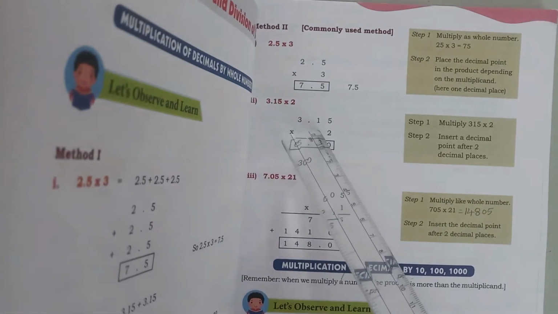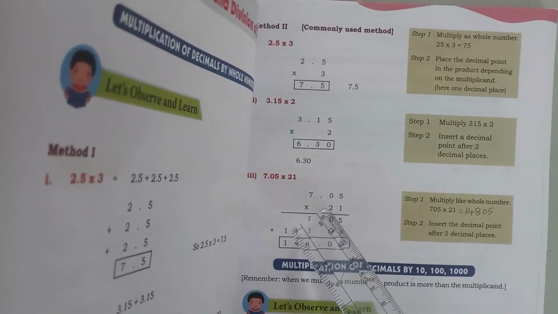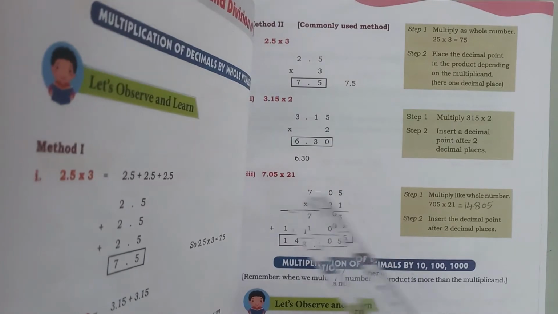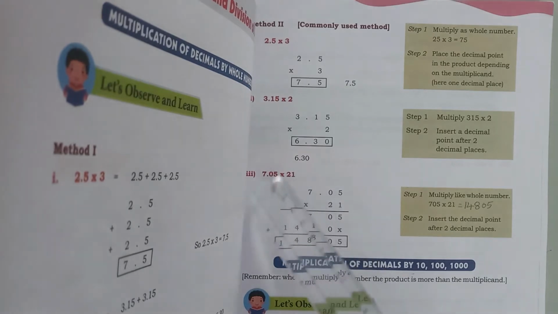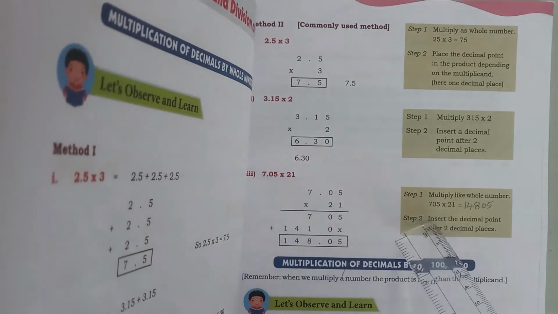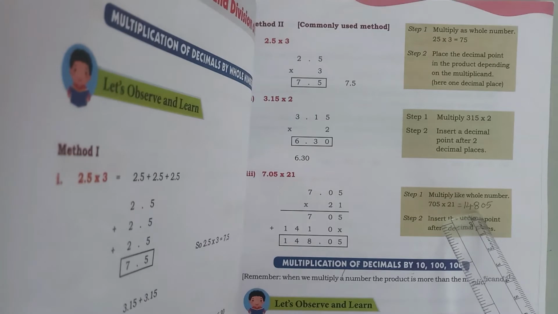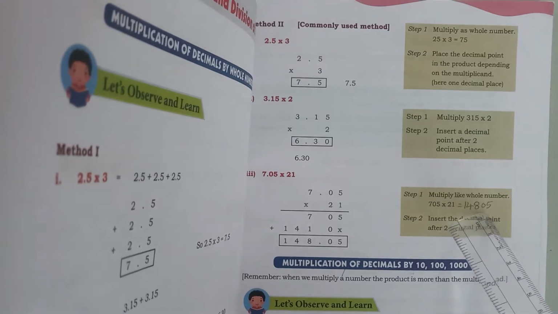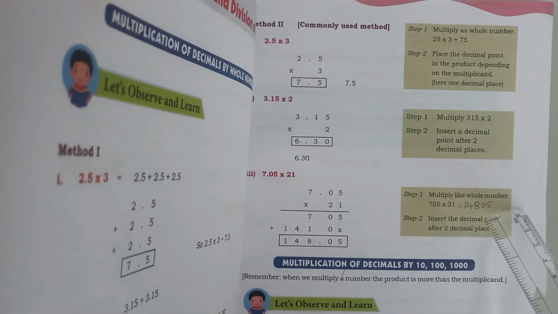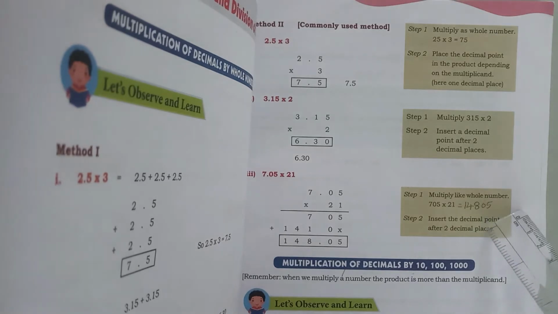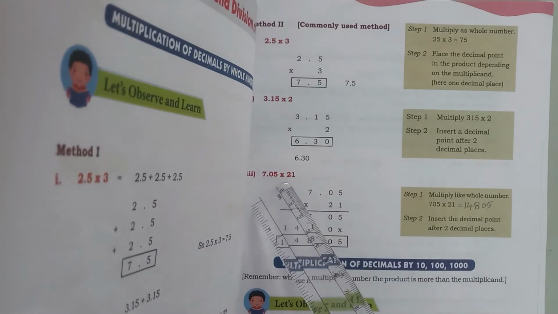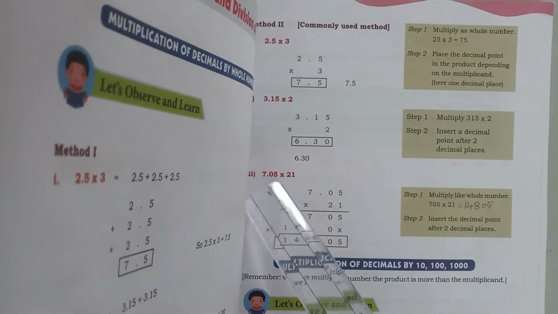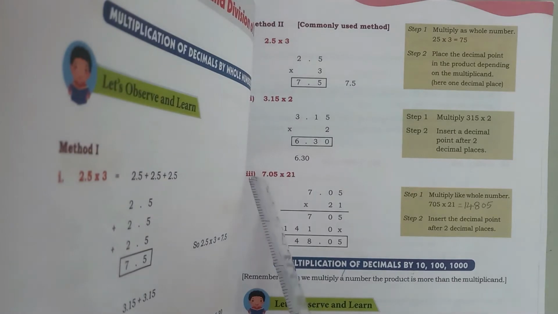Okay. Likewise for the second and the third examples. See the third example here, 7.05 into 21. If we multiply it as a whole number, 705 into 21, then our answer will be 14,805. How will we put the decimal point? Insert the decimal point after two decimal places. In the question itself, we have two decimal places, 1 and 2, where the point is.